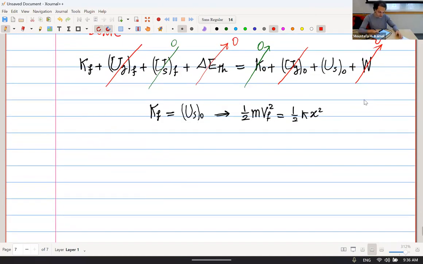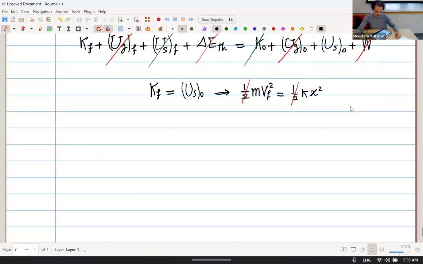Now let's substitute these numbers in, but let's cancel the halves because there's no reason to carry them around if they are on both sides anyway. So 2 kilograms times v final squared, which I want to solve for, this is my unknown, equal to 10 newtons per meter times x squared, which is 0.1 meter squared.